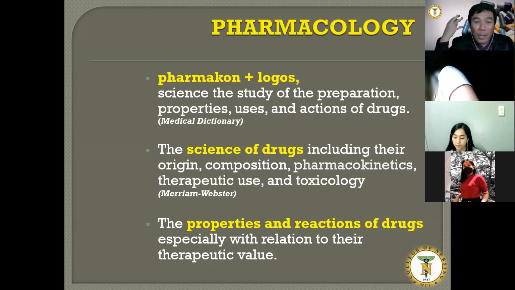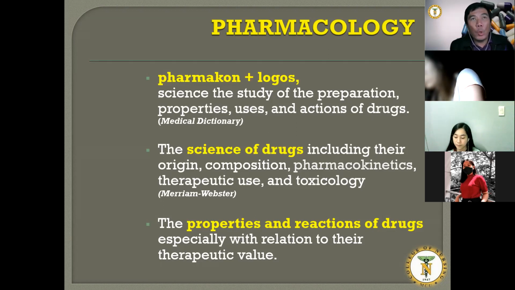So those are the concepts why clinical trials are very important when it comes to receiving vaccines. Because at this time, most of the vaccines being administered to Filipinos are on EUA, emergency use authorization.